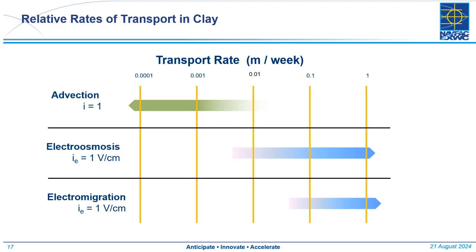But looking at electromigration on the bottom, we could achieve rates as high as 1 meter a week by applying that electrical current. So the difference between electromigration and advection is 5 orders of magnitude, just vast, significantly faster migration of delivered amendments with electromigration.